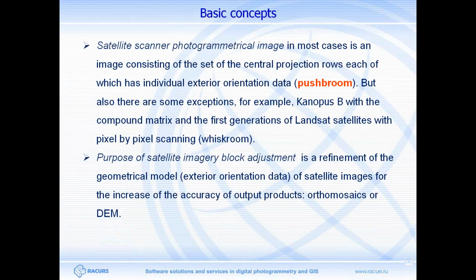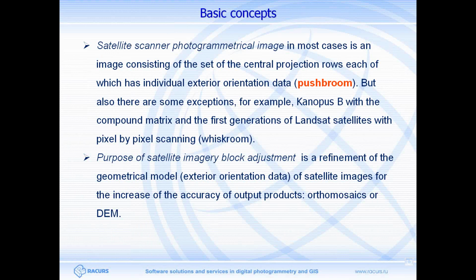Basically, we'll talk about push broom imagery, but as you can read from this slide, there are some exceptions. For example, Canopus B sensor, Russian sensor with compound matrix, and some old generations of Landsat satellites.